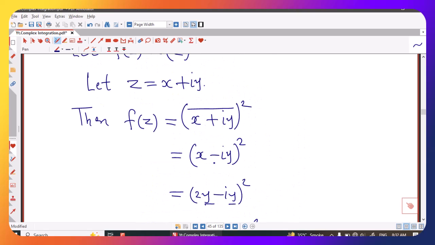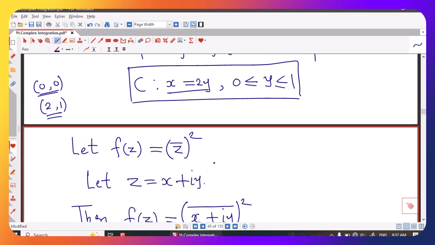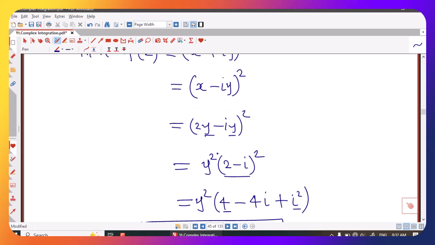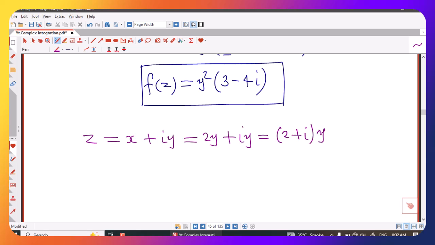We are converting our integral from z equal to x plus iy to y. We are converting everything in terms of y. We will require dz also, so for that we first put x equal to 2y in z equal to x plus iy. Here I put x equal to 2y, and if I take y common I will have 2 plus i times y.